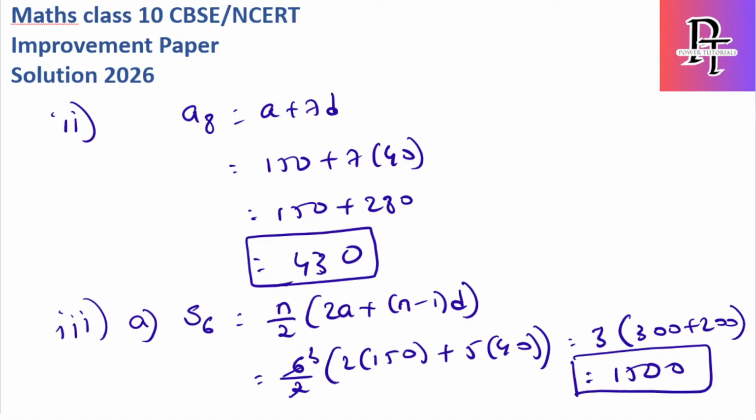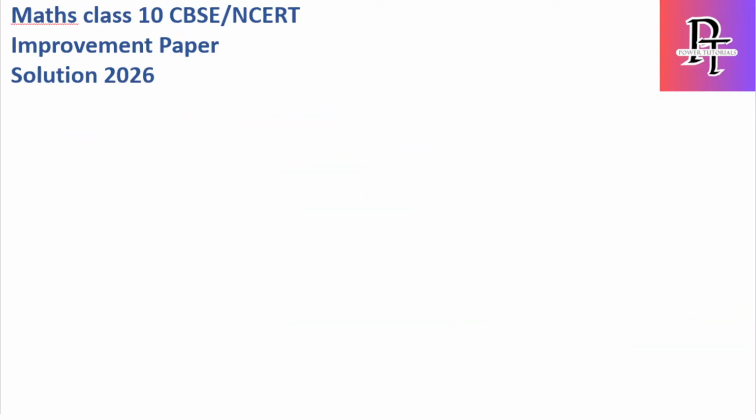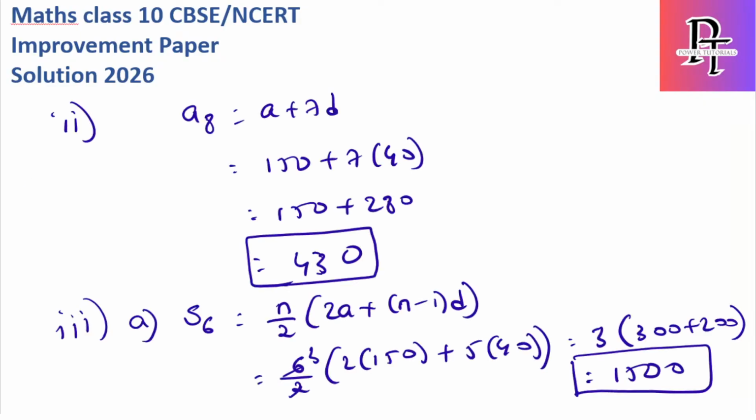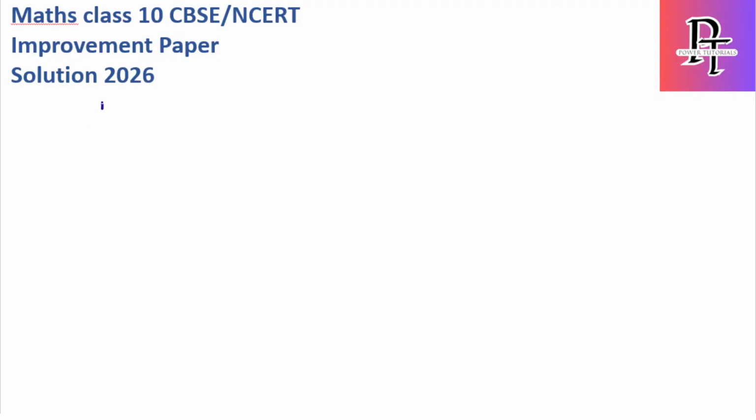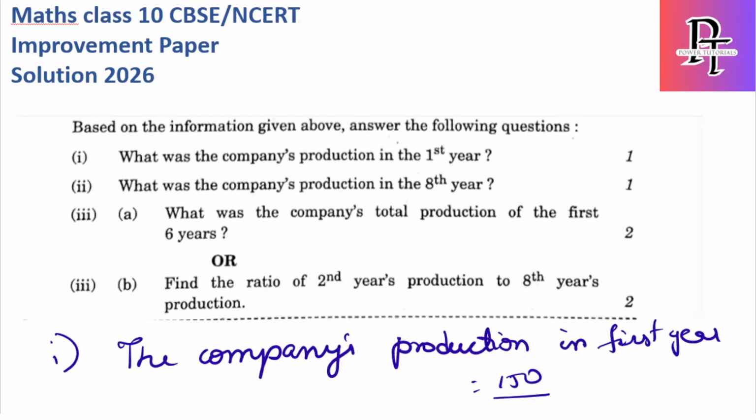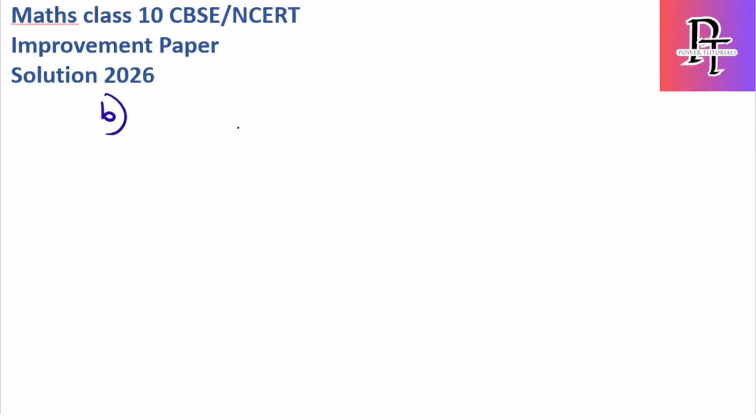Okay, what about B part? Find the ratio of second year's production to the 8th year's production. Okay, so they are simply asking second by 8th. Second is A plus D, whereas 8th is A plus 7D.